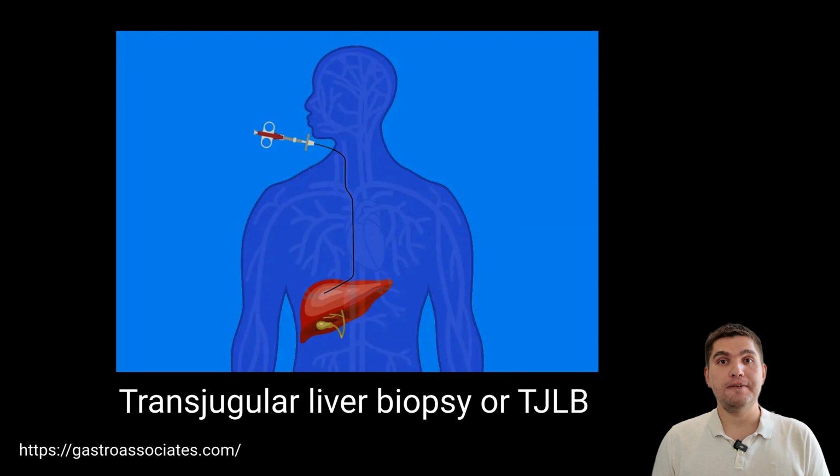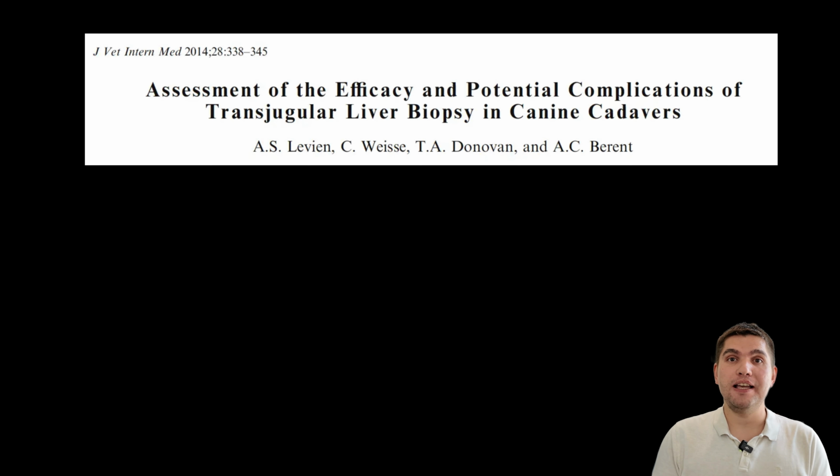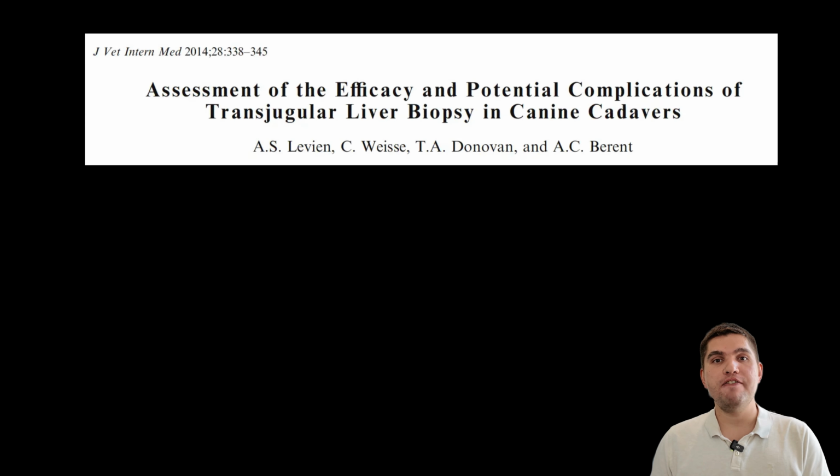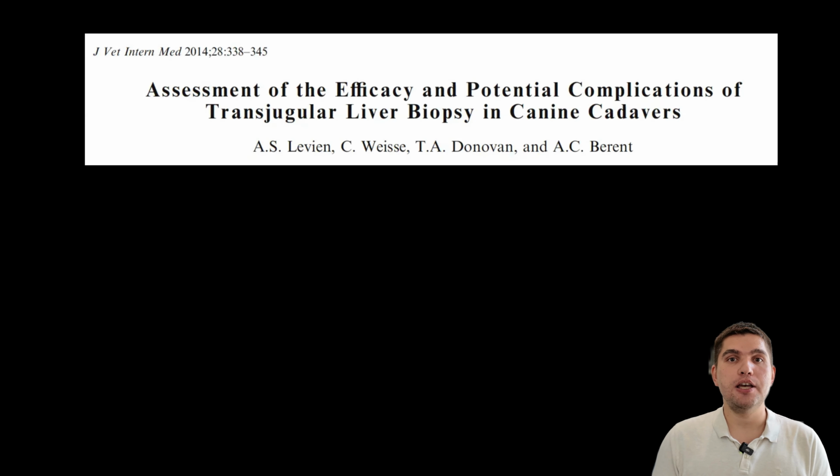Sounds great, right? But here's the problem in veterinary medicine. Back in 2014, a study published in JVIM by Levine et al. looked at whether transjugular liver biopsy could be used safely in dogs.